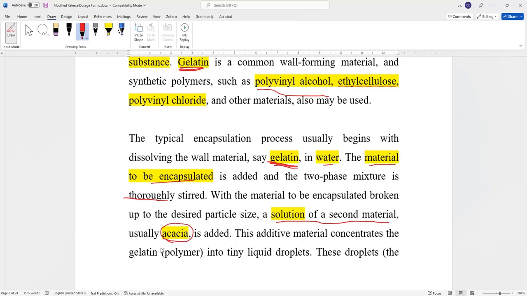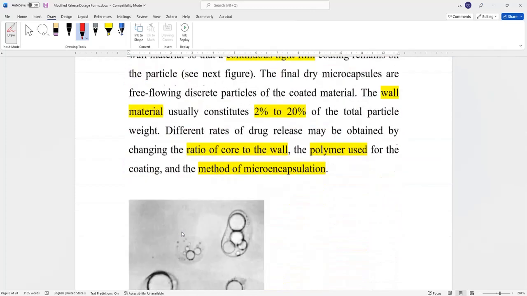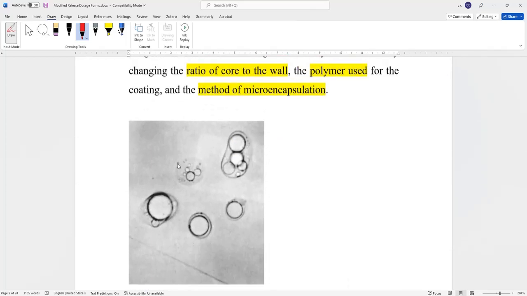Acacia is like a gum. Now what this acacia will do, it will force the gelatin. First the gelatin was spread all over the liquid, and the drug was spread all over the liquid. Now the gelatin will start forming a shell or a coat surrounding the drug. How? The acacia is forcing the gelatin to come out from the solution and form a coat around the drug. Okay.